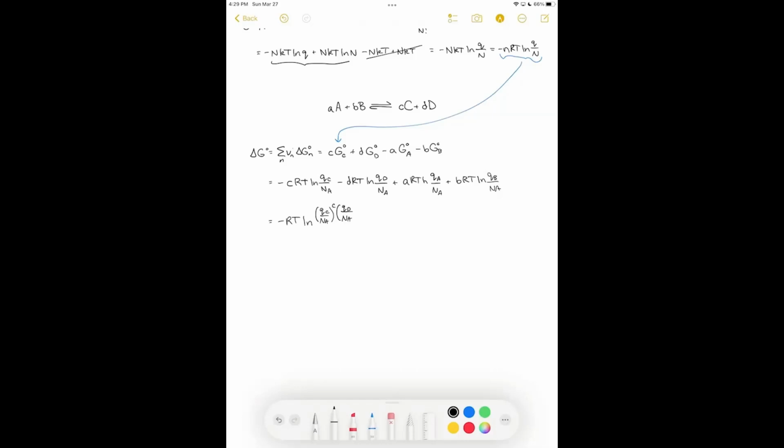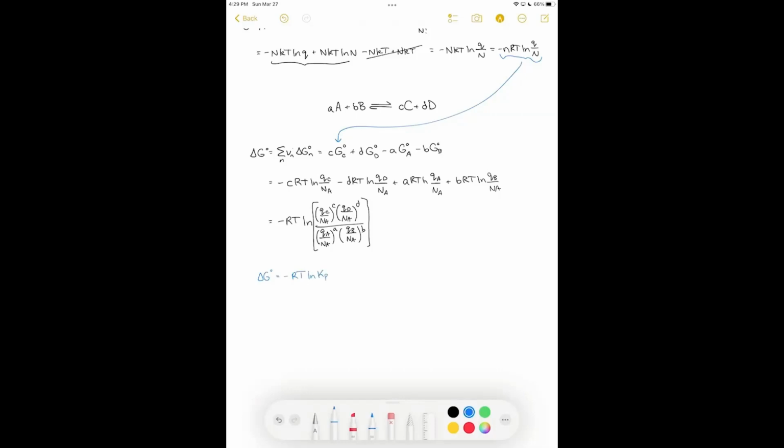And all of these terms are in the natural log. Now, what have I done? Well, we know, and we're very familiar at this point, that delta G naught for a reaction is simply equal to negative RT natural log of the equilibrium constant.